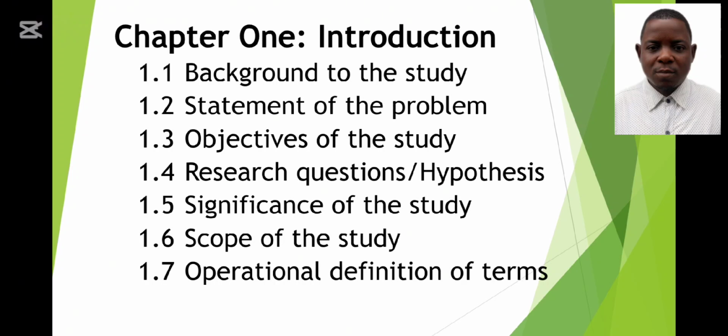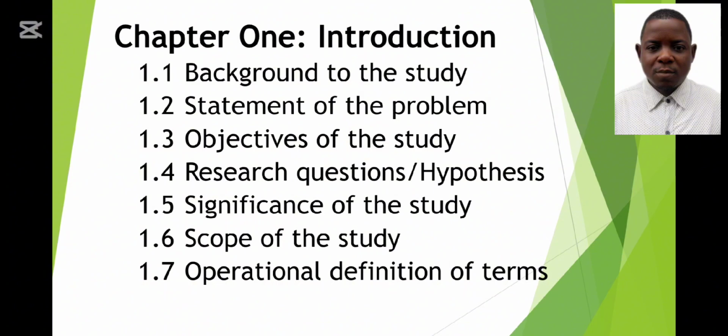Chapter 1 is called Introduction, under which we have 1.1 background to the study, 1.2 statement of the problem, 1.3 objectives of the study, 1.4 research questions or hypothesis, 1.5 significance of the study, 1.6 scope of the study, and 1.7 operational definition of terms.